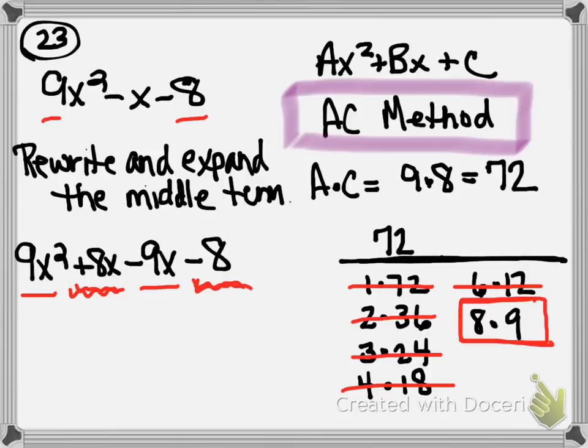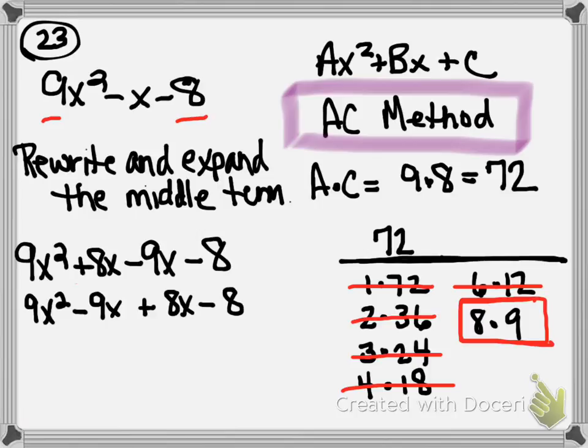So let's regroup that so that we have 9x squared minus 9x plus 8x minus 8. Don't put your middle terms back together yet. Remember on the last lesson, when we regrouped these, I'm going to put the 9x squared and the 9x together, and the 8x and the minus 8 together.